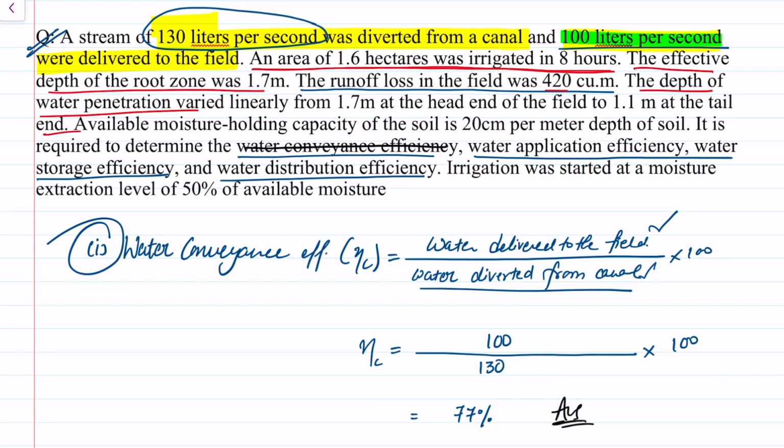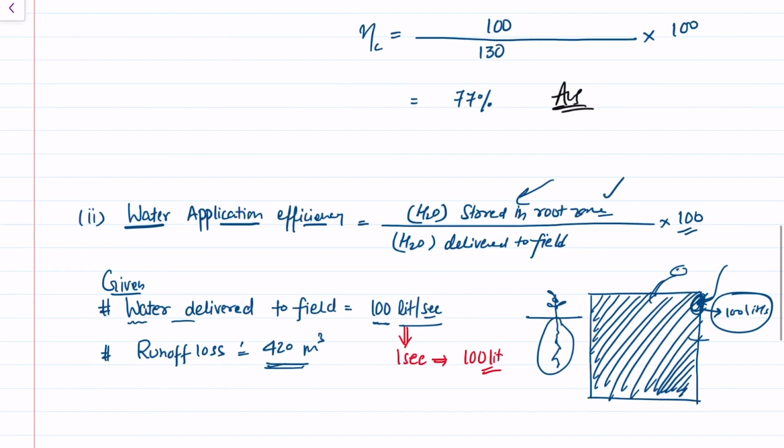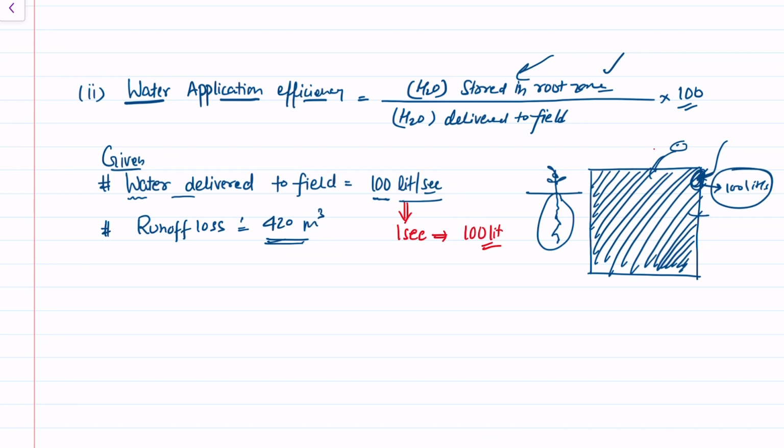Now, here we are given that an area of 1.6 hectares was irrigated in 8 hours. So the overall area of this land is 1.6 hectares, and the water was delivered to the field continuously for 8 hours at the rate of 100 liters per second. So in 1 second, 100 liters was supplied, right?